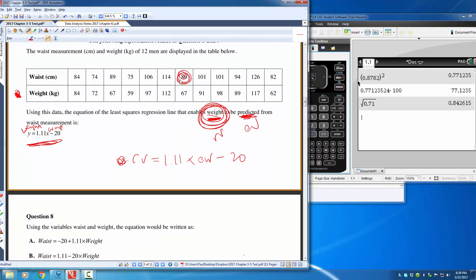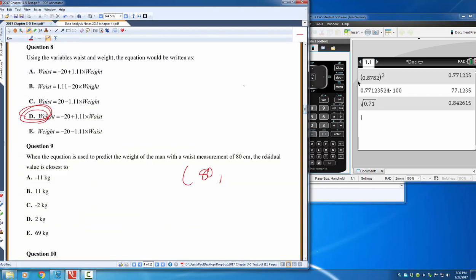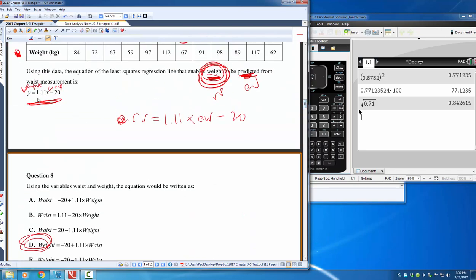So the actual was 80 and his weight was 67. This is the actual. Now let's do predicted. Alright, so what we're going to do is 80, comma. Now how do we get the predicted? Easy, we just use the formula. Okay, so we can use it from the correct answer here, or we can just go back up to the original, which is here.